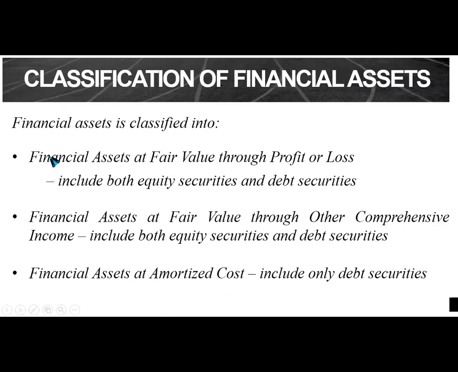However, kapag ang classification ng financial assets mo ay itong first bullet, that's financial assets at fair value through profit or loss, ibig sabihin class, yung transaction cost natin ay i-expense outright natin. So how do we measure initially our financial assets if they are classified as financial asset at fair value through profit or loss? So ang basis natin sa initial recognition is yung fair value ng asset. Tapos ang transaction cost, kung meron ka mang na-incur, i-expense natin yan outright.